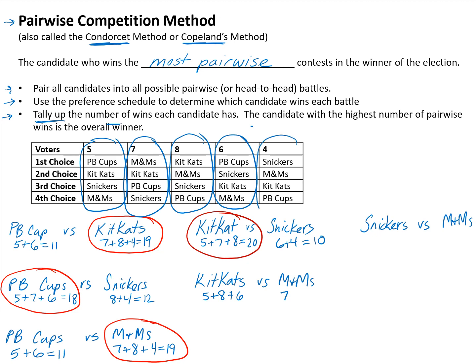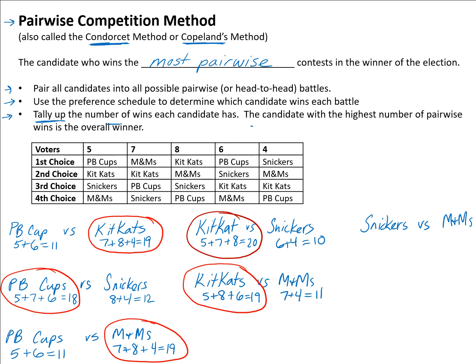And in the last column, Kit Kats is below M&Ms, so M&Ms wins. So that's 11 votes for M&Ms and 19 votes for Kit Kats. Again, 19 plus 11 is all 30, so I've got all the votes accounted for. Kit Kats wins there. So we now have 5 of the 6 battles accounted for.